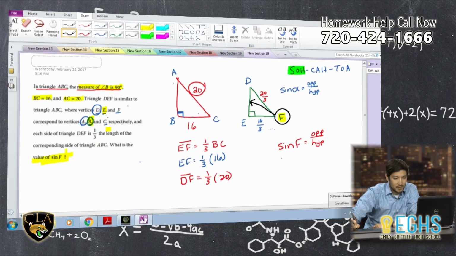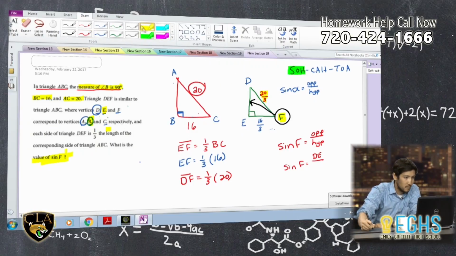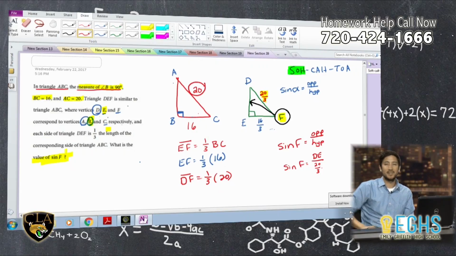So in this case, we're saying sine of F equals the length of DE over my hypotenuse, which is right here, over 20/3. 20 over 3. So again, you're kind of seeing that we're going to be doing some division of fractions here.